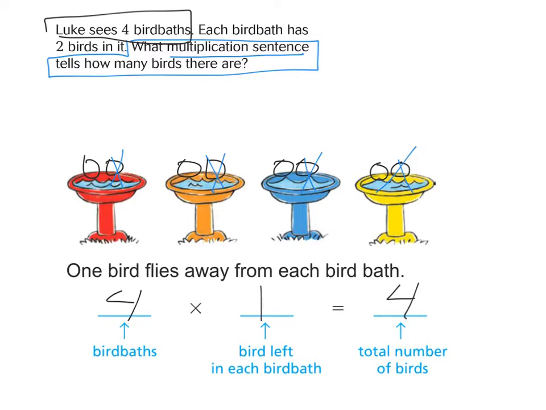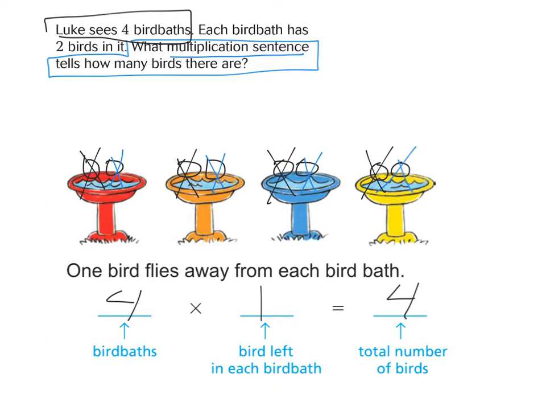Let's cross out another bird in each bird bath. Would this multiplication sentence still be the same? Well, no, it would change. Let's see how it would change. There are still 4 bird baths.